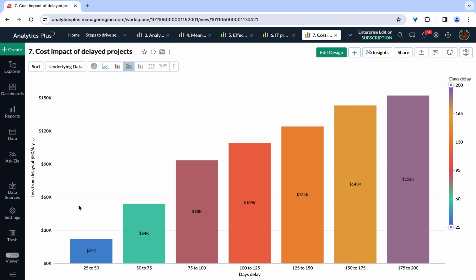So by assigning an arbitrary dollar value, for instance, in this case, I've calculated each day of delay to cost approximately $50, and this can be modified based on your organization's unique usage and productivity.